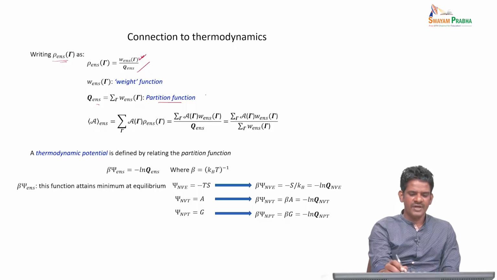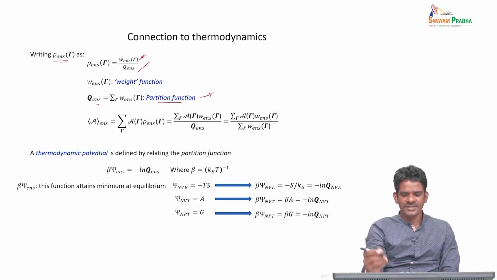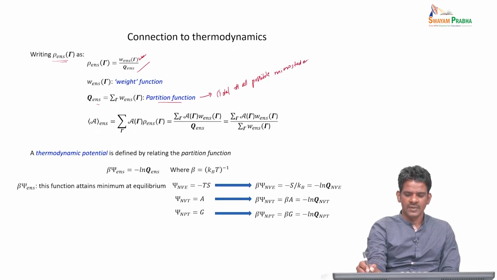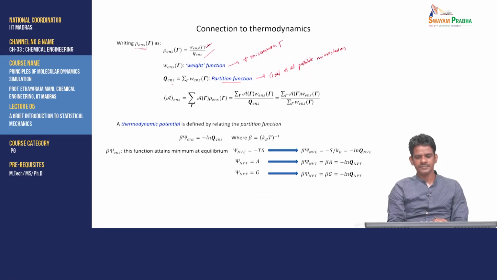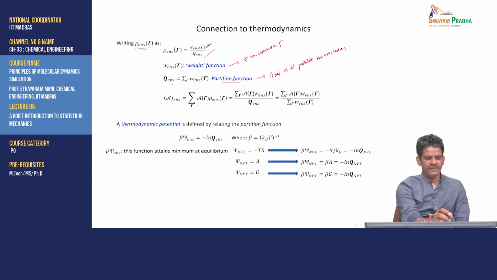So essentially this partition function roughly translates to the total number of all possible microstates, and this weighting function tells you roughly about the number of microstates. With this we are only trying to rewrite the functional form of the probability density function.